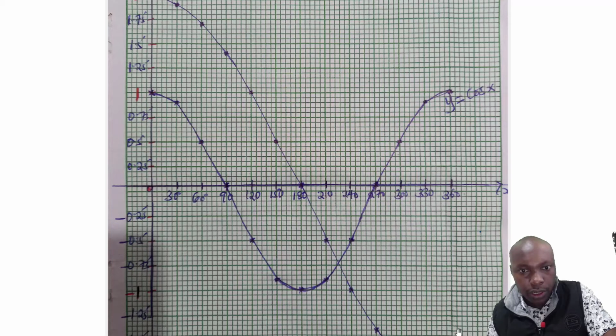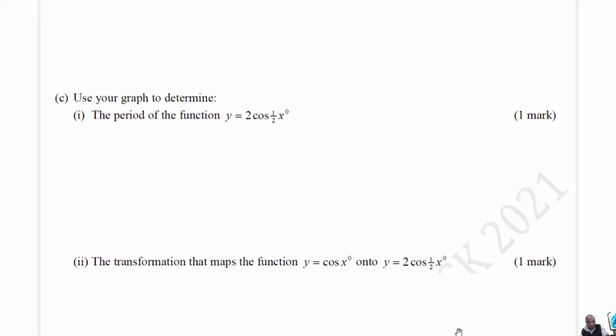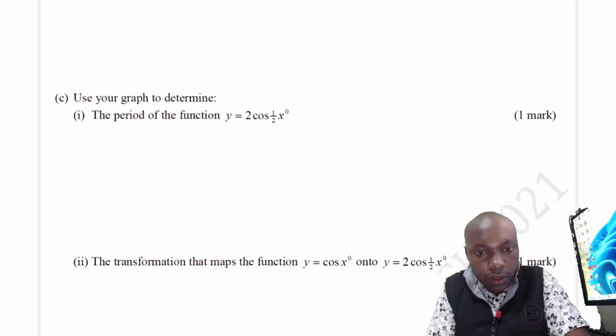So the period is the angle that it takes to make one complete cycle. Now from the equation, there is a simpler way to identify the period given any curve of such kind of an equation.